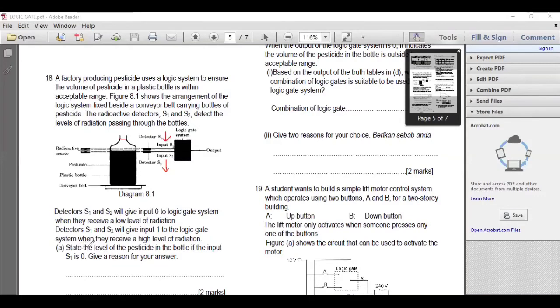State the level of pesticide in the bottle if the input S1 is 0. If S1 is 0, that means your level is more than the acceptable range. So the volume is more than acceptable range.